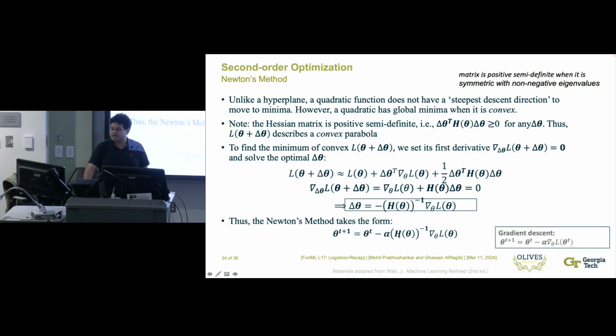This part is same as gradient descent. Del theta L of theta is also same as gradient descent. The difference here is that there's an additional term, H of theta inverse. So your Hessian matrix inverse is going to give you the best optimization, the best setup in a two-dimensional sense, in a second order sense.